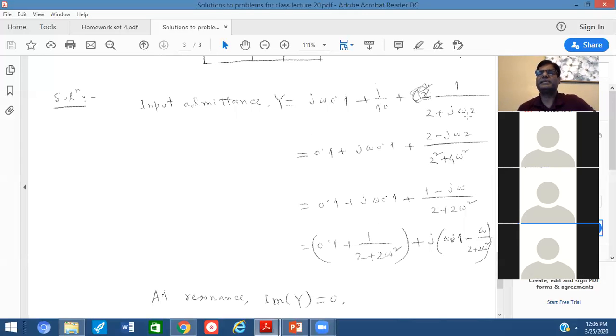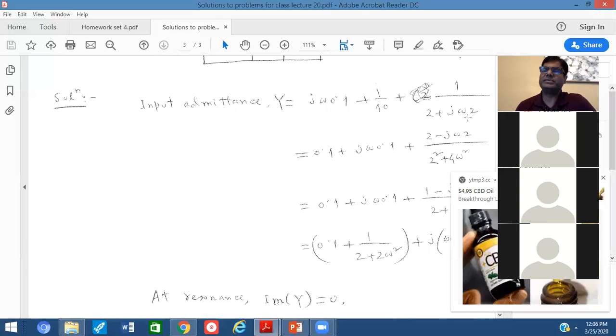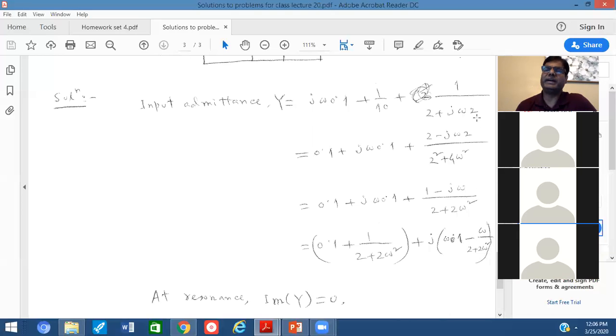And the third term, what I did, you see in the first line, in the third term, for the denominator, there is 2 plus j omega 2. In order to eliminate the j sign, I have multiplied both numerator and denominator by 2 minus j omega 2. That's why, looking at the denominator, it became 2 squared plus 4 omega squared. And the numerator becomes 2 minus j omega 2. Could you follow me, everybody?